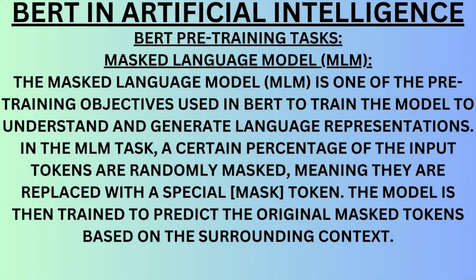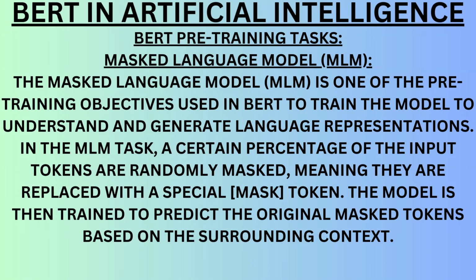BERT pre-training tasks. Masked language model (MLM). The masked language model is one of the pre-training objectives used in BERT to train the model to understand and generate language representations. In the MLM task, a certain percentage of the input tokens are randomly masked, meaning they are replaced with a special mask token.